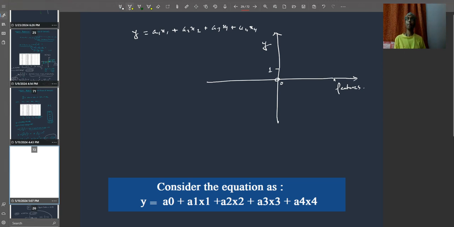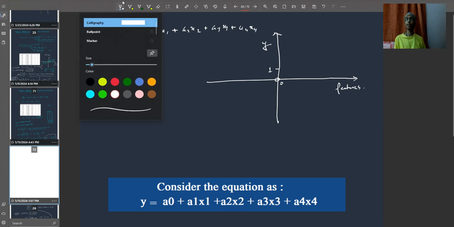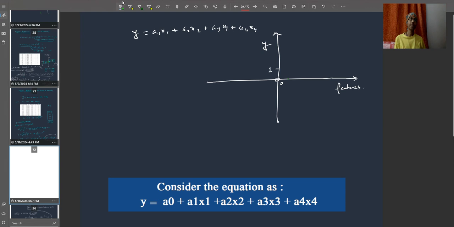Now let's say when the feature set is here, the value of y is here, right? So there is not a problem here, friends. It's within 1 and within 0.